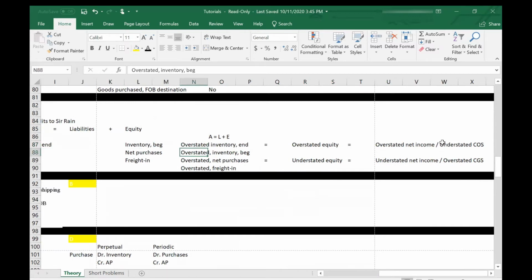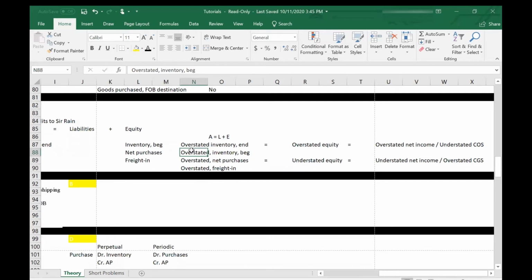How about if it's overstated beginning inventory, overstated net purchases, overstated freight in? Again, these three items, from this framework, are on the equity side. Usually, your beginning inventory, net purchases, and freight in are considered in the determination of your CGS.